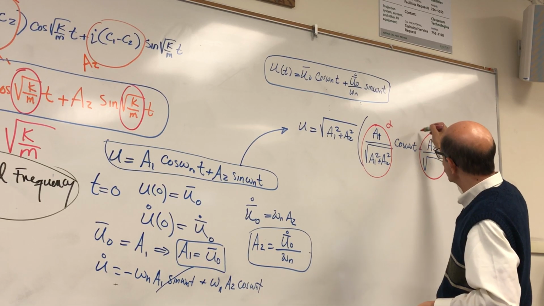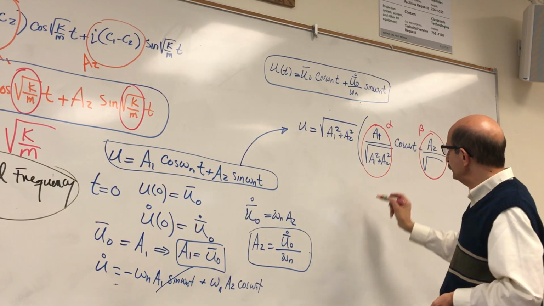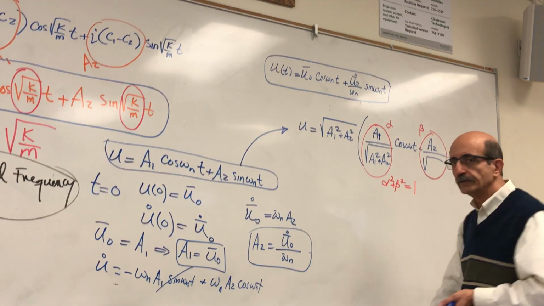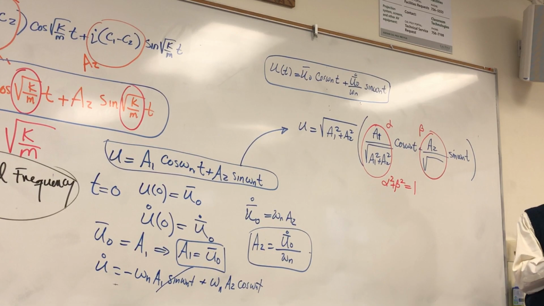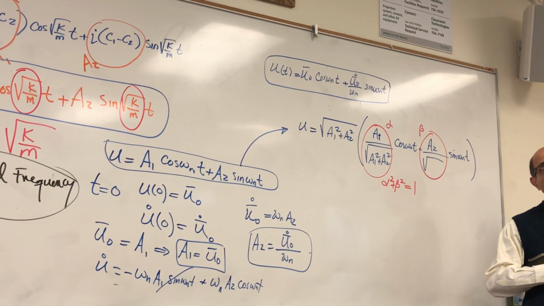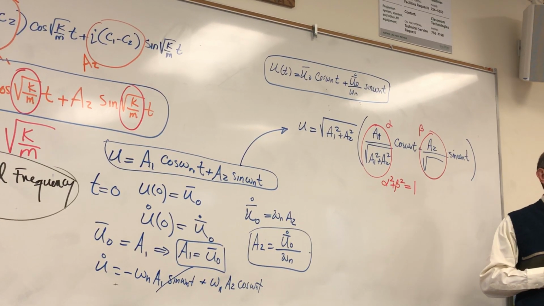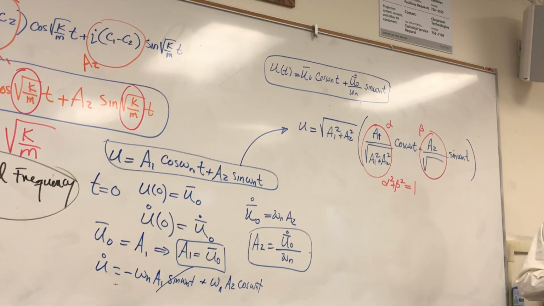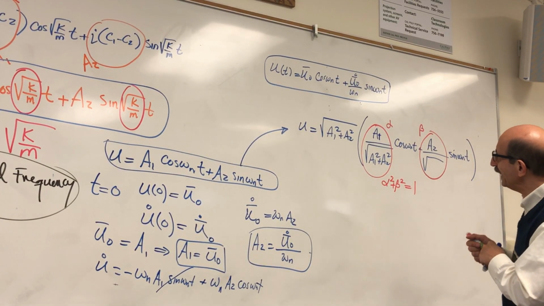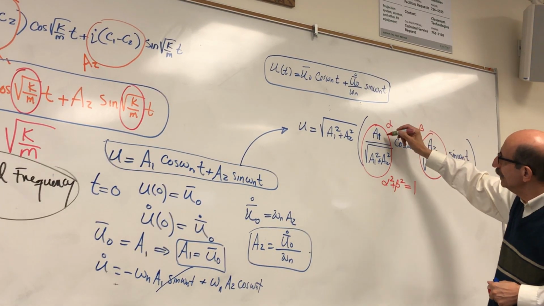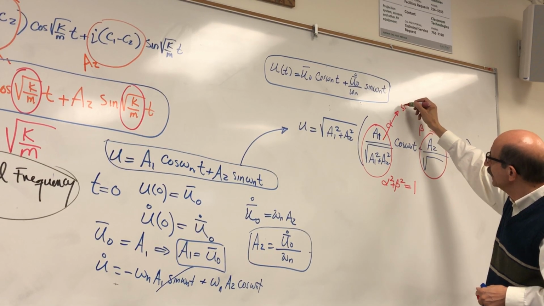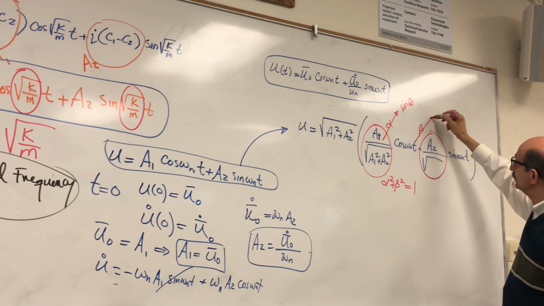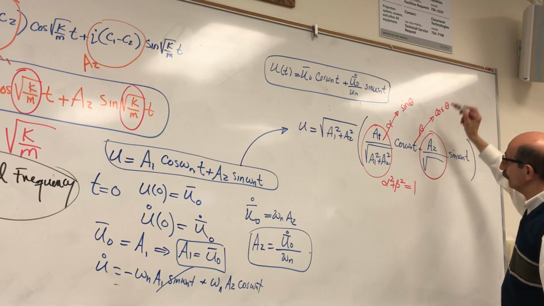But by doing that, now I can look at these two coefficients, this one and this one. If I call this alpha and this beta, you can see that alpha squared plus beta squared is 1. There are two functions in the world that if you square them and add them together, the sum is 1, and those are the sine and cosine functions. So that means alpha can be assumed to be the sine of some quantity, and beta the cosine of some number.